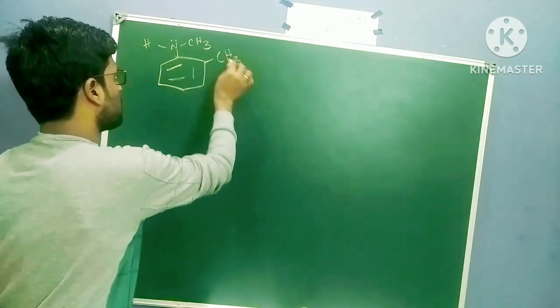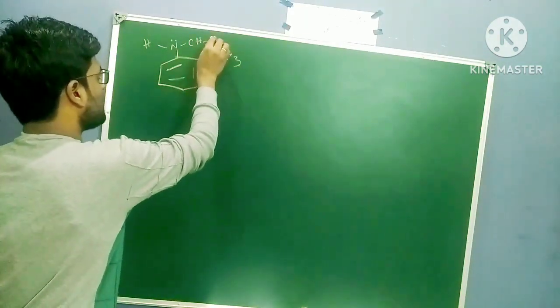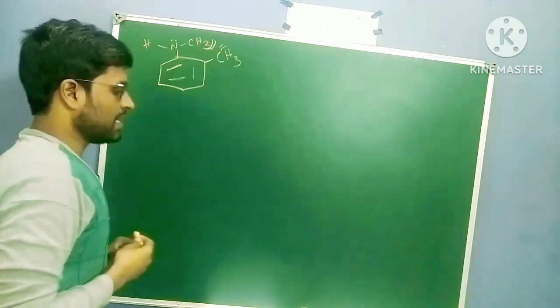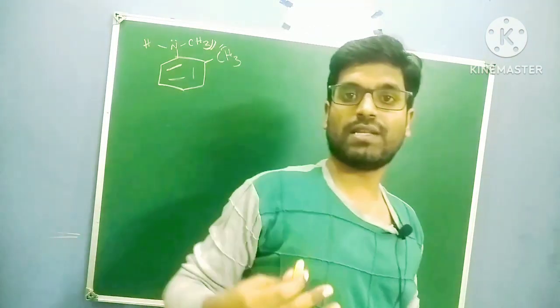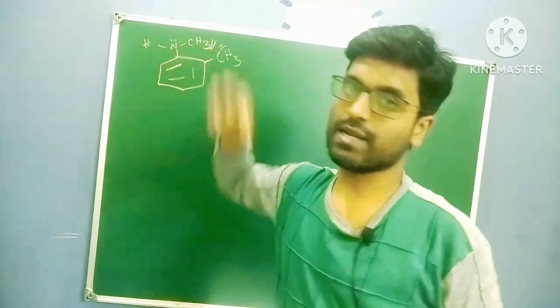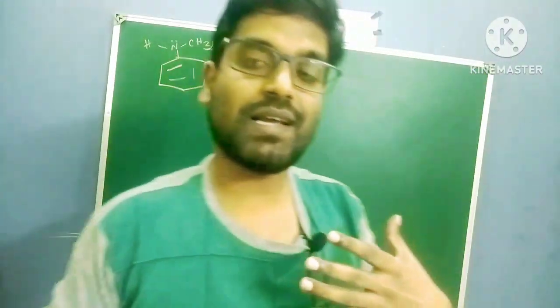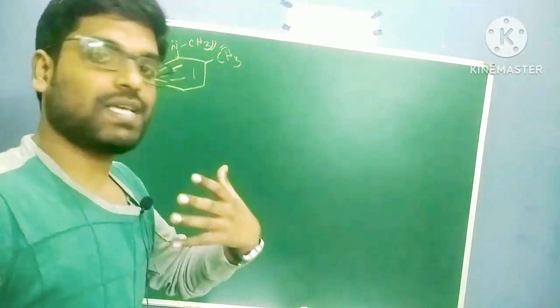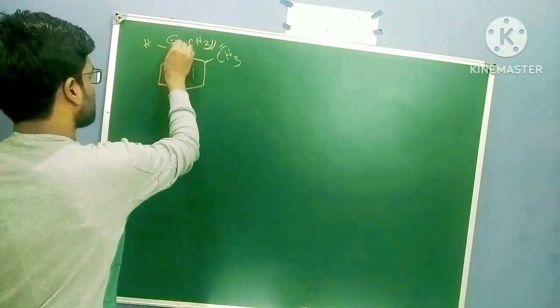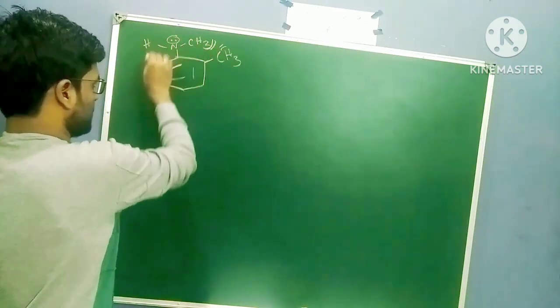Whenever you have this group, because it is the bulkier group, there is hindrance between the group at the ortho position and this main group. Because of this steric repulsion, this group will change its position.